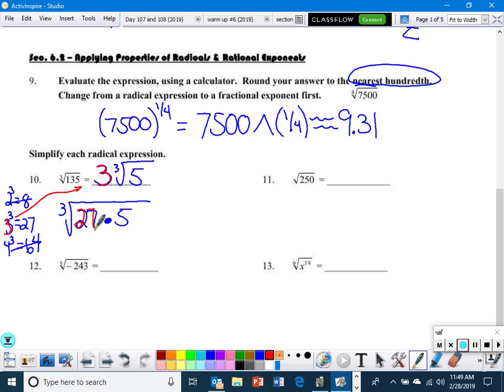All right, number 11. Here we need to know our perfect squares. Okay, the square root of 250, so you need a perfect square that goes into it. Let me just review perfect squares.